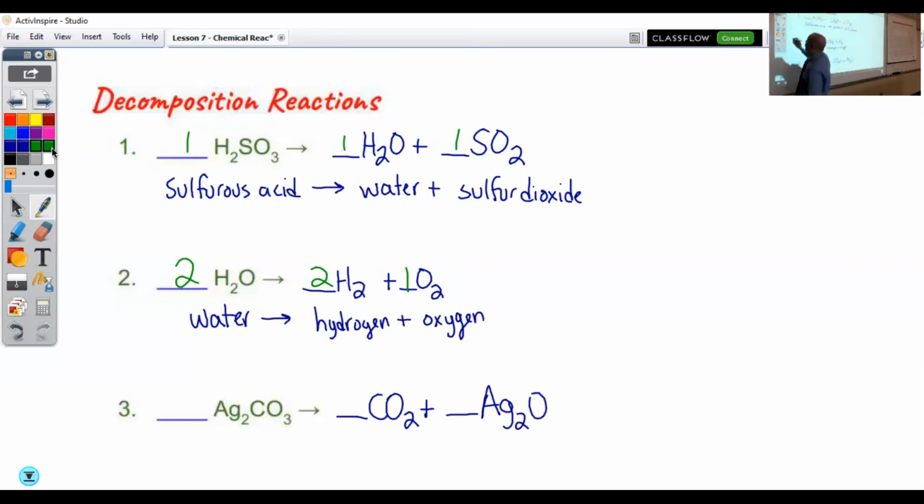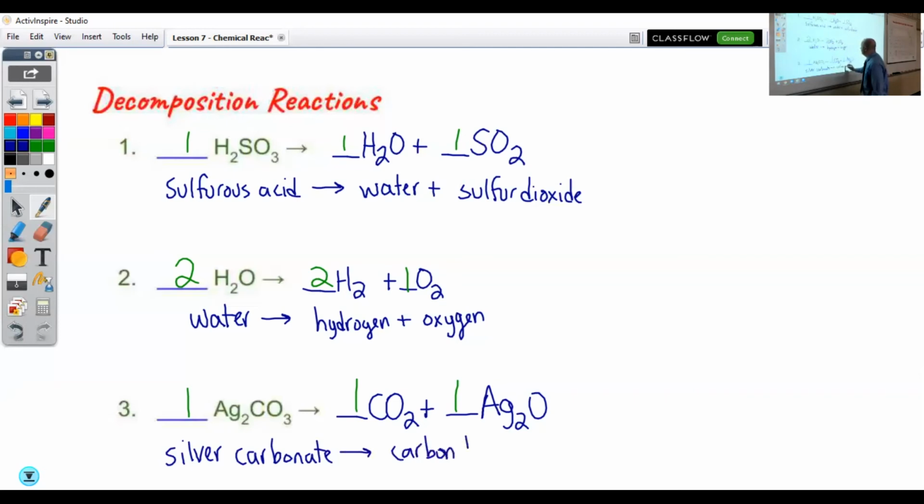Balancing this, we're going to get coefficients of 1 straight across here, and then we'll write out the names. So we're going to start off with silver carbonate, breaking down to form carbon dioxide plus silver oxide.